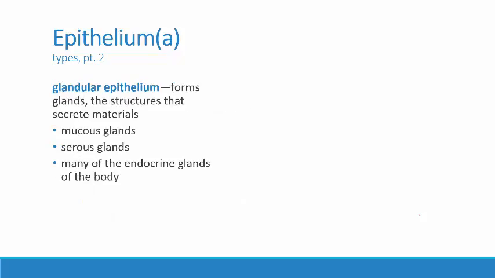But there's a second kind of epithelium, and we refer to that as glandular epithelium. So this is the epithelium that is associated with and forms the glands of the body. And these epithelial cells are responsible for secreting materials, the glandular materials.